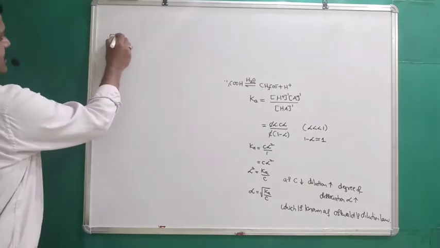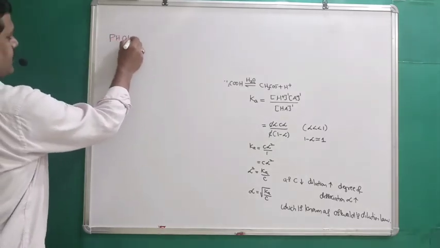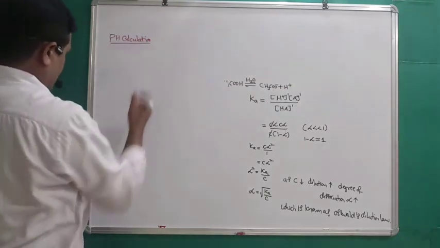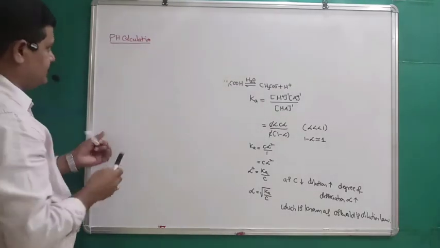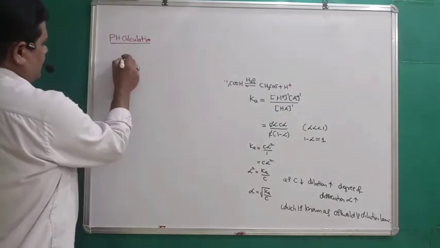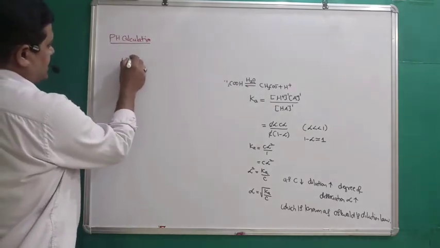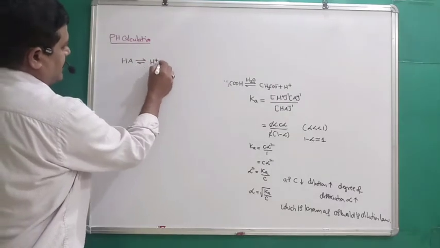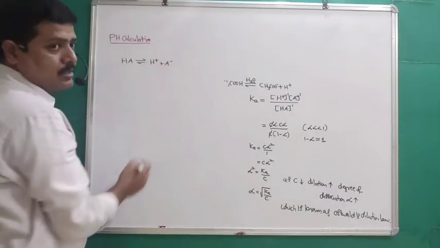pH calculation. We will take the ionization equation of HA, which gives H plus plus A minus.